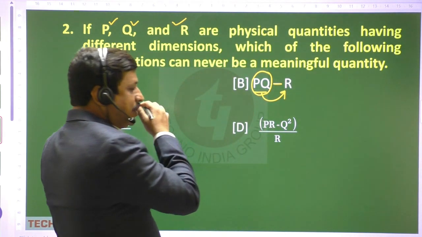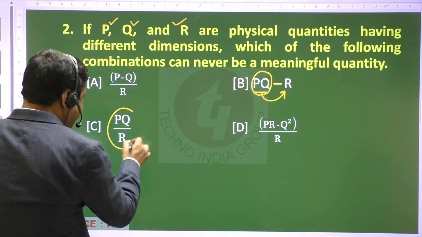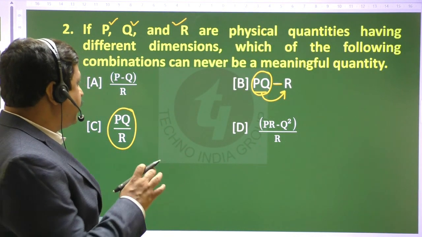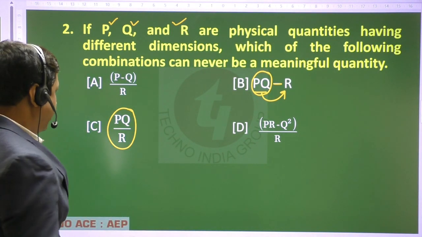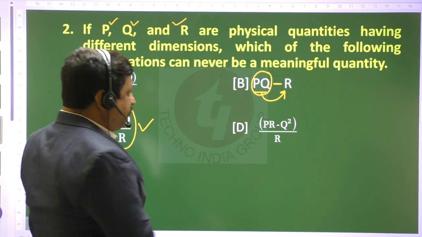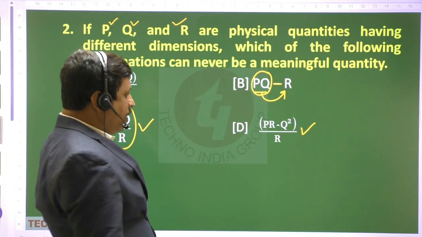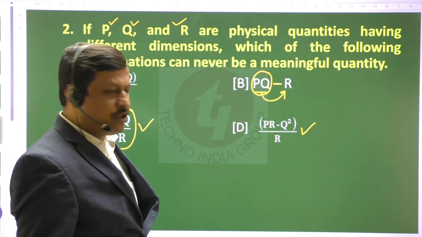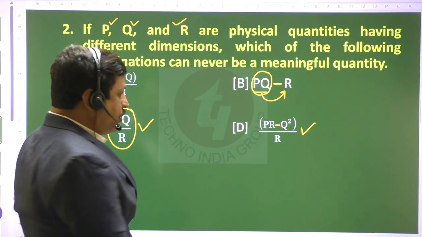In case of subtraction, if there is no dimensional matching, you cannot do it, but you can do the product or divide the terms, right? So it may be right. It may also be right, because if the product of P and R has the same dimension as Q square, then you can do this subtraction.